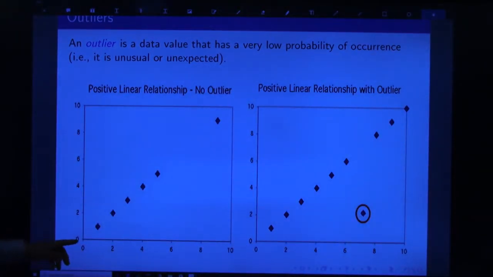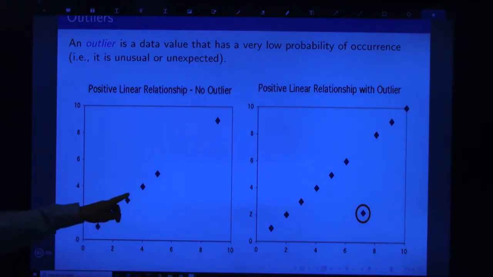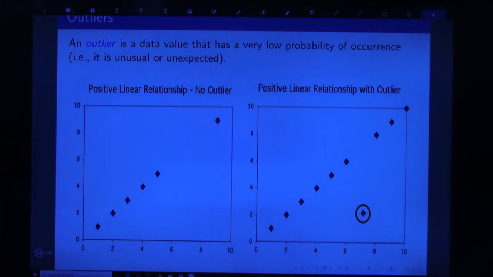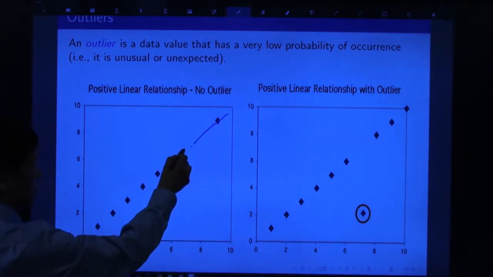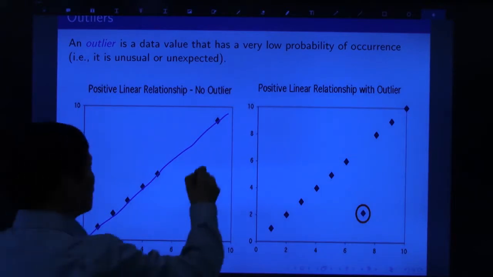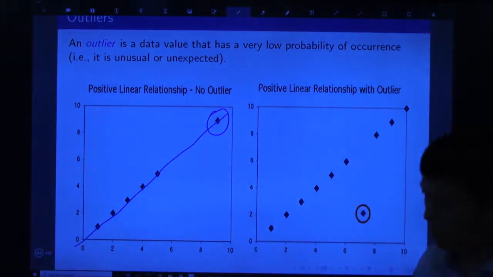Suppose we have data like this, and this point, this point, this point, this point, this point, and we have another point here. And the form of the relationship again is a straight line, and is again positive. The association is very strong, right? So all the points are on the straight line. Now the question is, is this one an outlier?